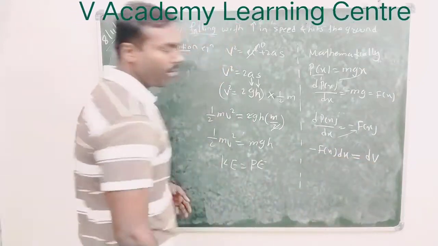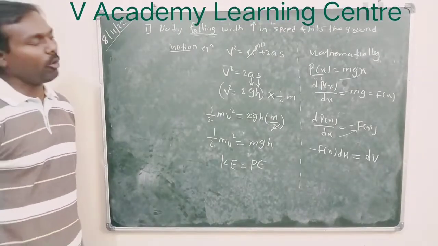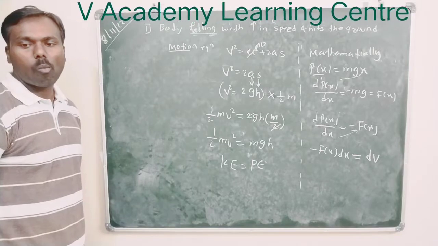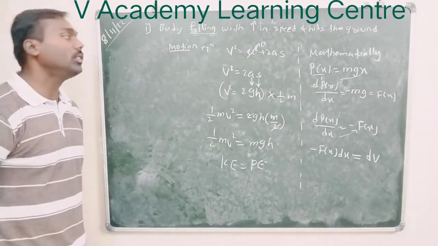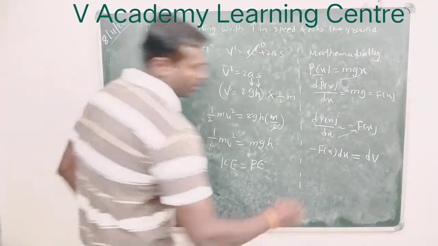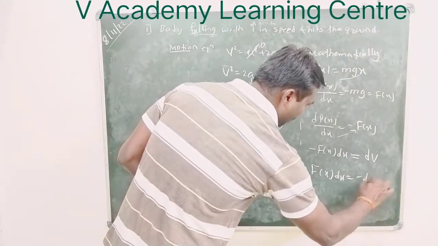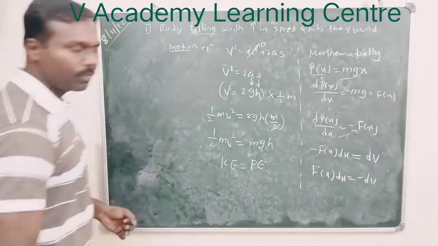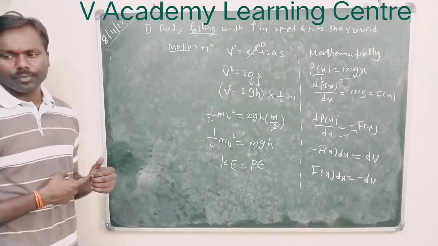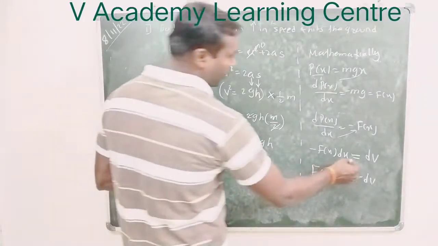What can I write? dv by dx. That means acceleration, correct? Same thing you got above. Now what have I done? I just changed the sign, that's it.